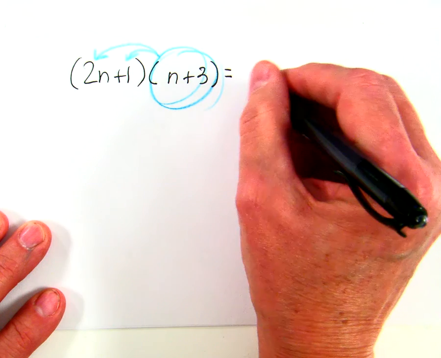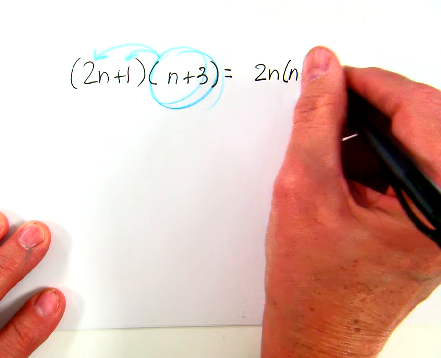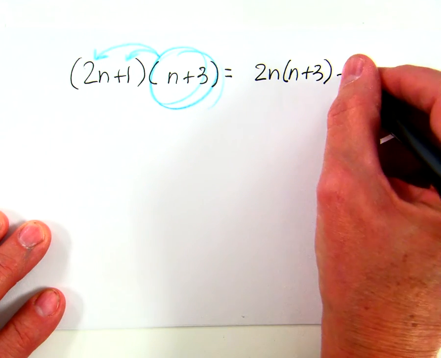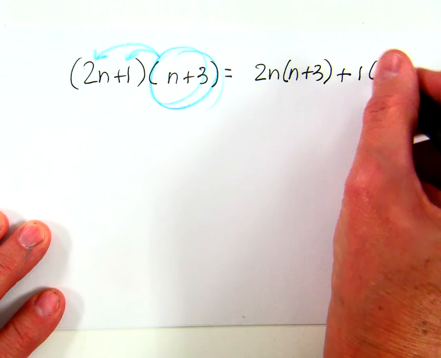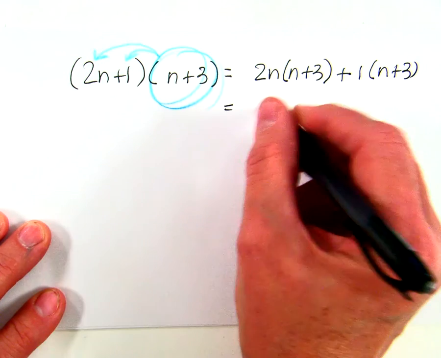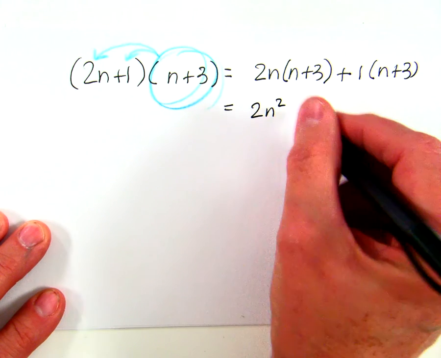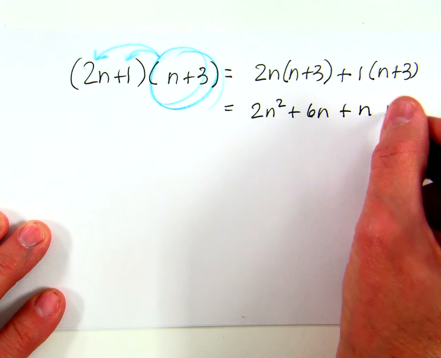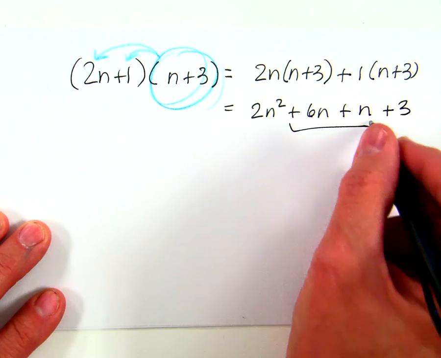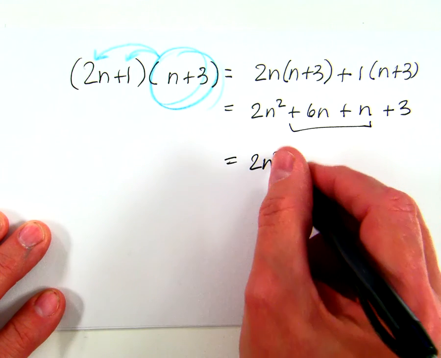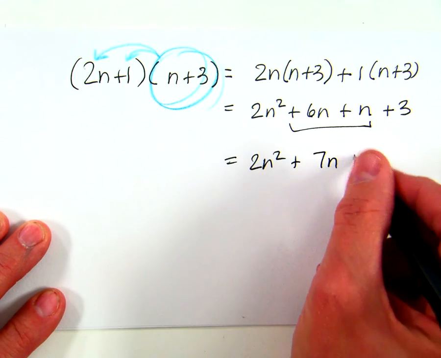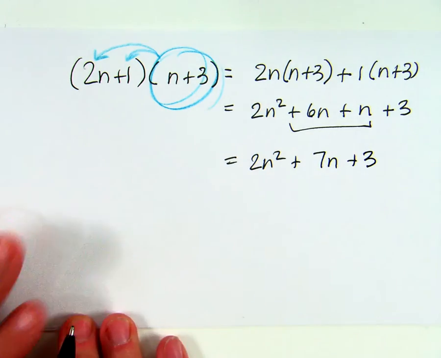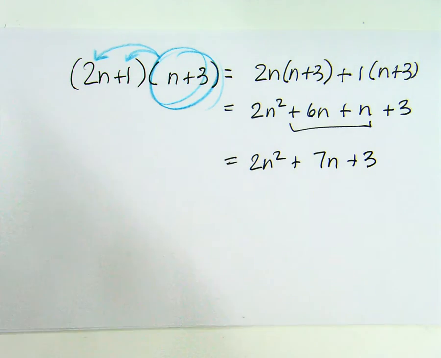It'll be 2n times n plus 3 plus 1 times n plus 3. Multiplying that out, combine my like terms, and that's the final version.